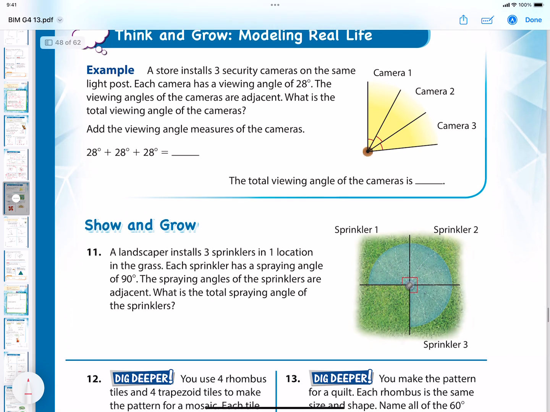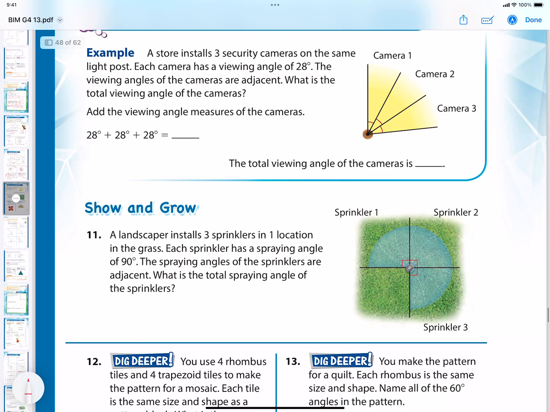Example: a store installs 3 security cameras on the same light post. Each camera has a viewing angle of 28 degrees. So 28 degrees, 28 degrees, 28 degrees, right? The viewing angles of the cameras are adjacent.